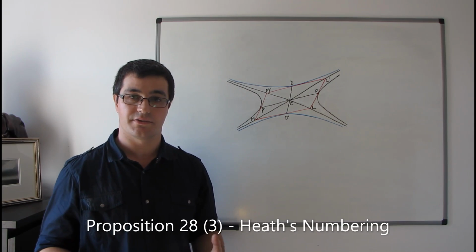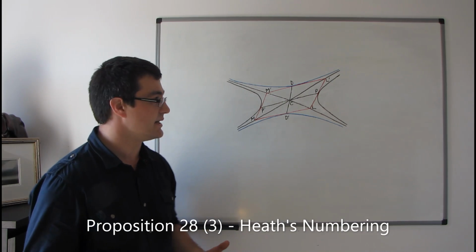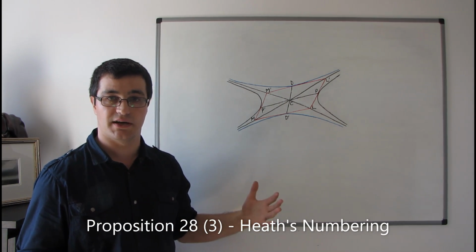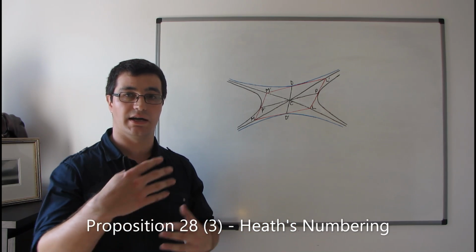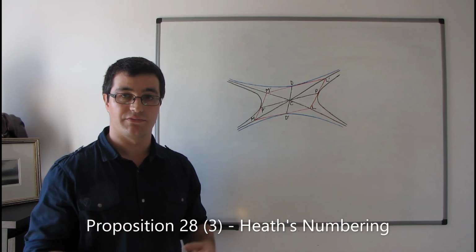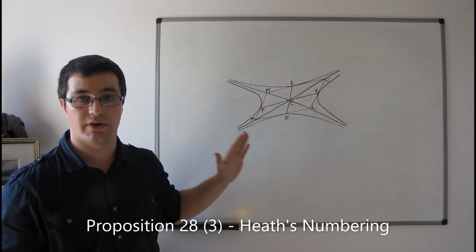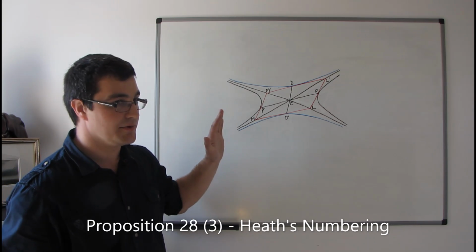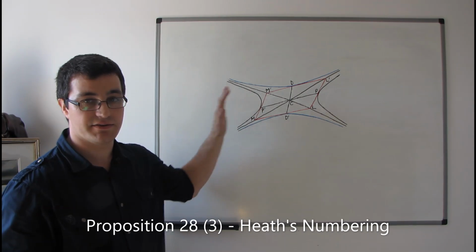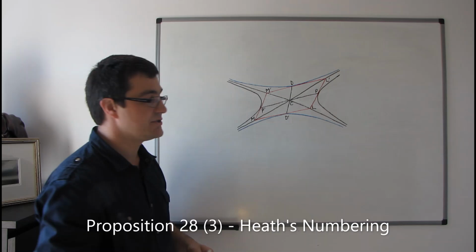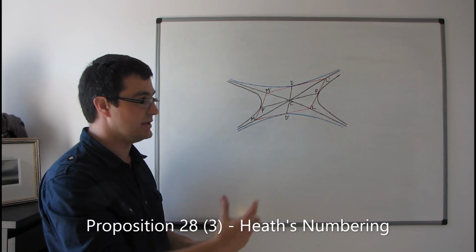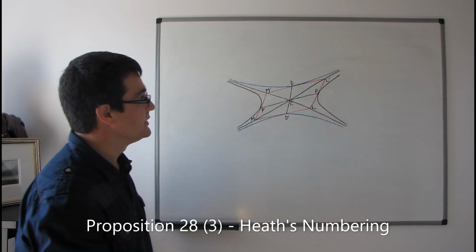So moving on now to the third part of this proposition 28. What we're wanting to prove in this part is that a hyperbola and its conjugate will have the same asymptotes. But just before I get on to the proof, explaining the diagram and the proof, I just need to prove just a little aside thing.